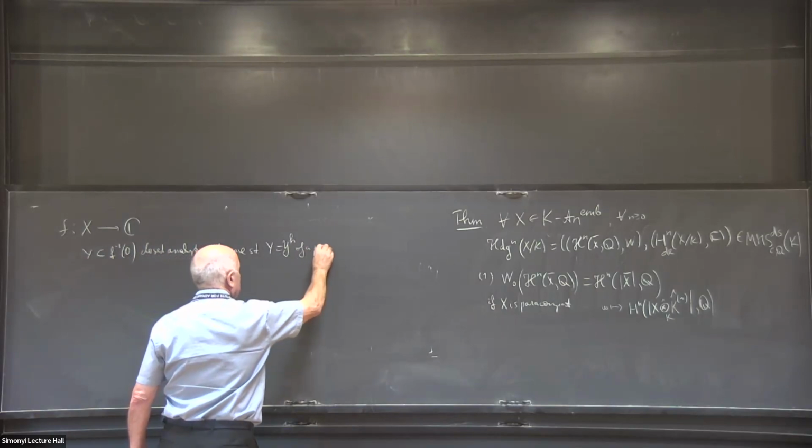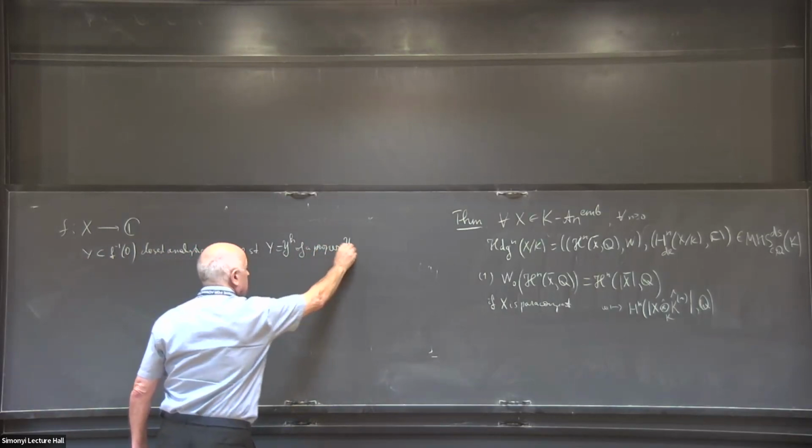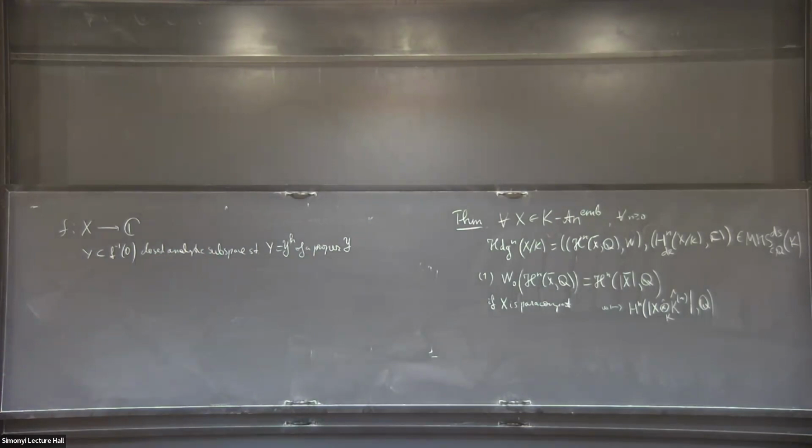Do you need C or would any curve do? In his work, just C. Locally, it's C, because if it is smooth, it's the same as here, because it depends only locally.